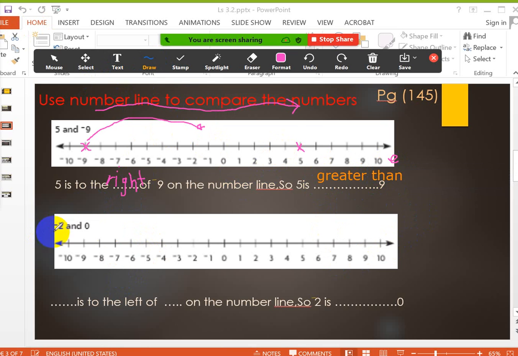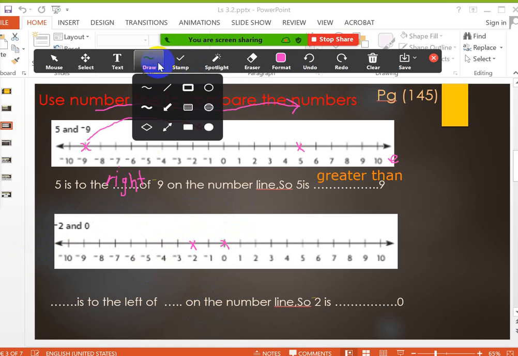Now negative 2 and 0. I have to locate the numbers on the number line. Of course, I know where 0 is. This is the 0. Where is negative 2? This is negative 2. Okay? I know the strategy.